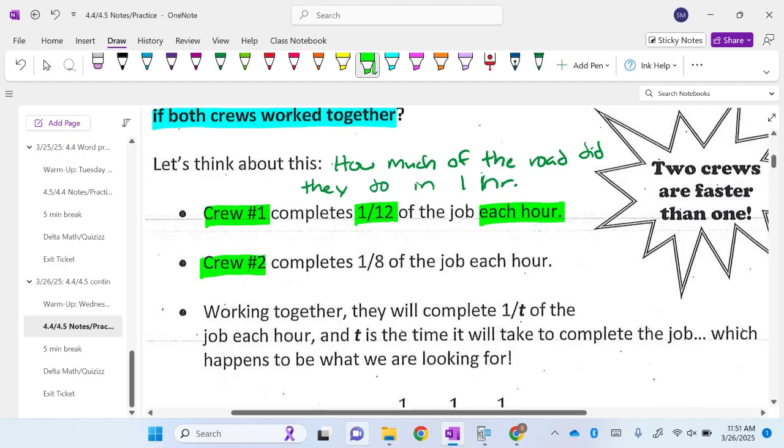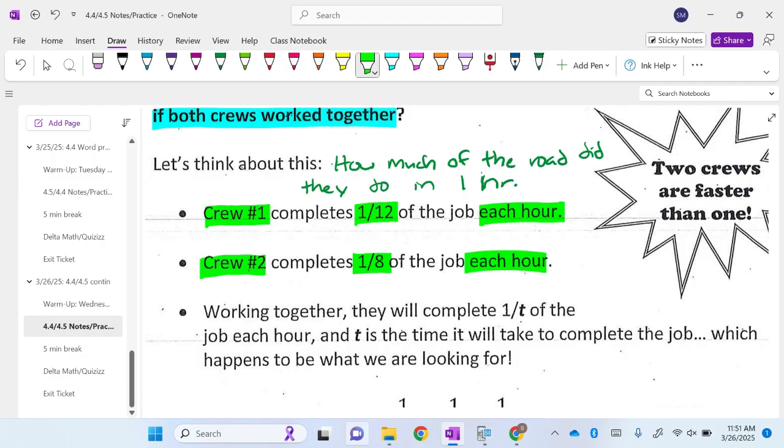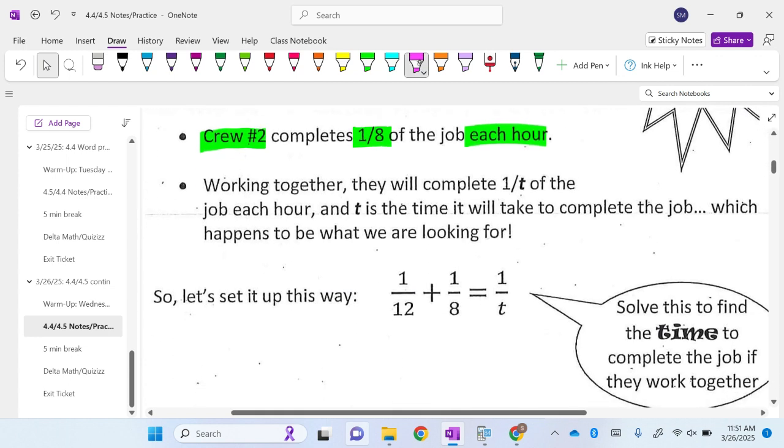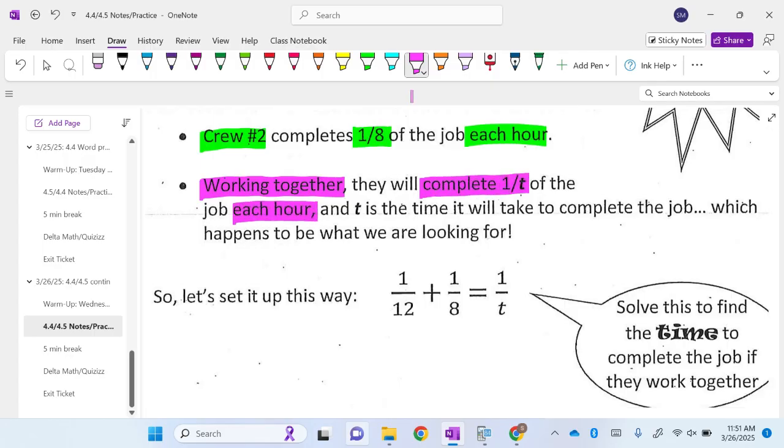Crew 2 could complete 1/8 of the road each hour. So essentially, however long they take to do the whole job, for 1 hour, you just do 1 over that number. All right. Now, working together, that means they will complete 1 over t of the job each hour. And t is the time it will take to complete the whole job.